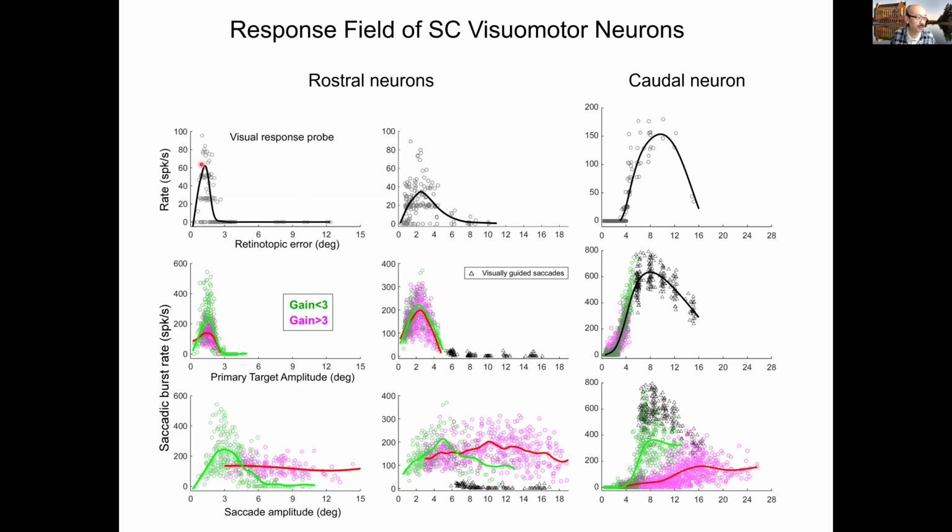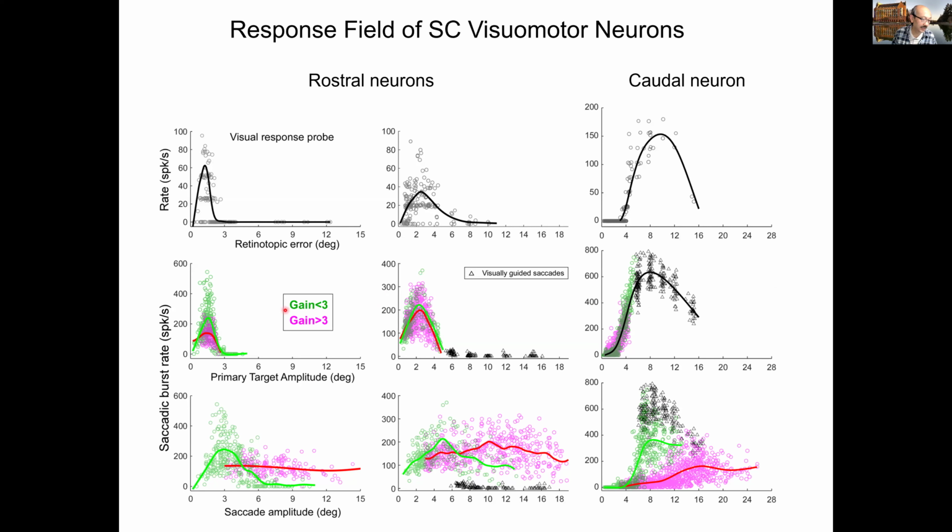Here we show three different ways of analyzing this. The top one uses a visual probe, just flashing the target at different locations while the monkey is fixating. In the second row, we plotted the saccadic burst against the primary target amplitude.